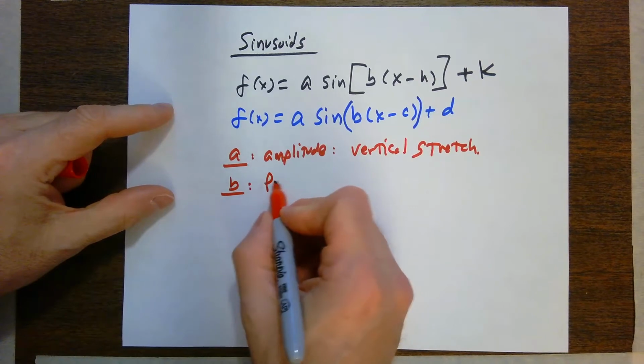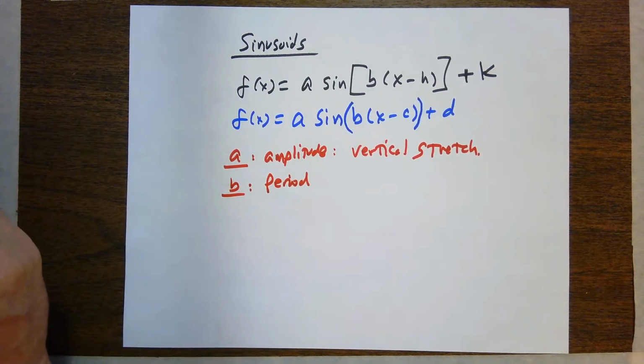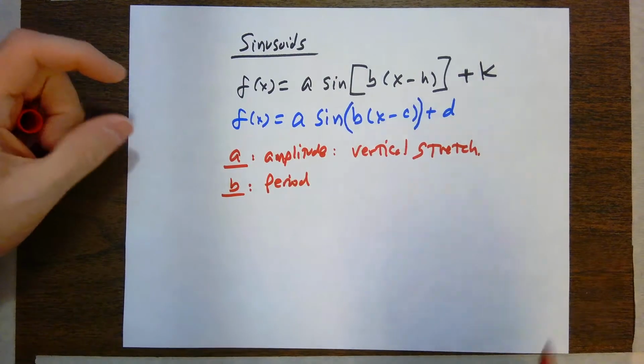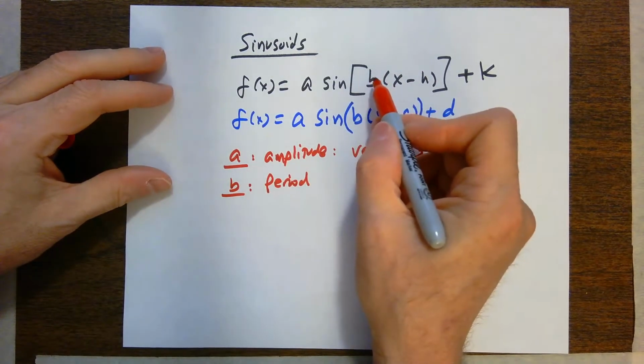The next is the b value. The b value has to do with the period. Now we saw that plain old sine and cosine have a period of 2 pi. That means the pattern repeats every 2 pi. But if I have some number in here, I change the period.